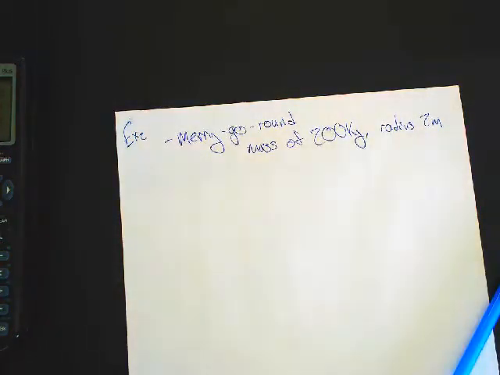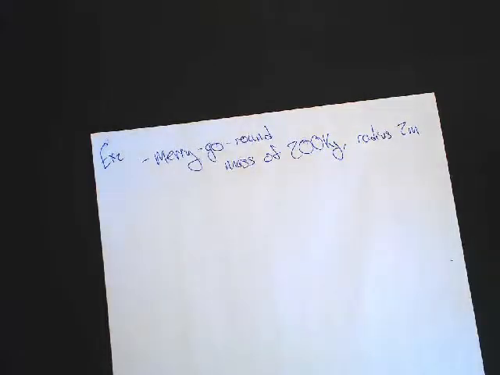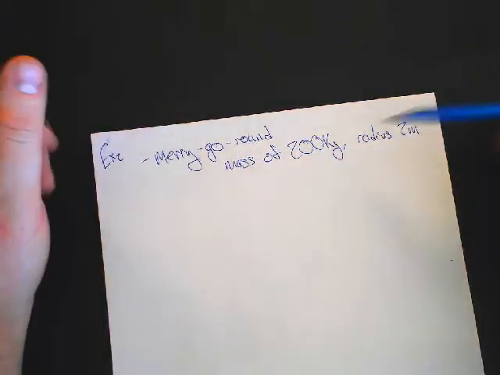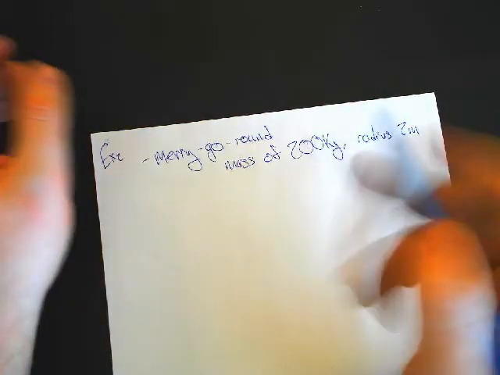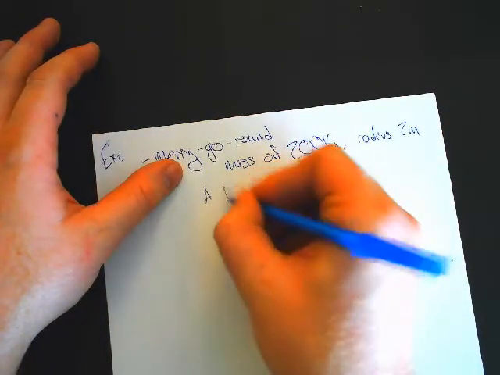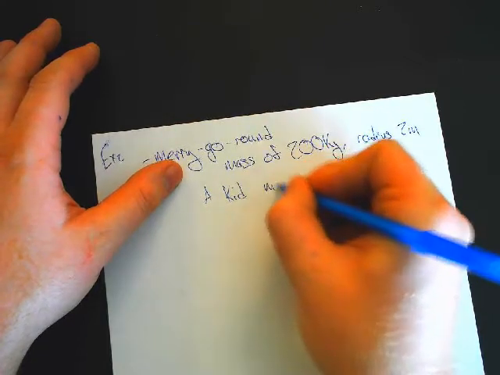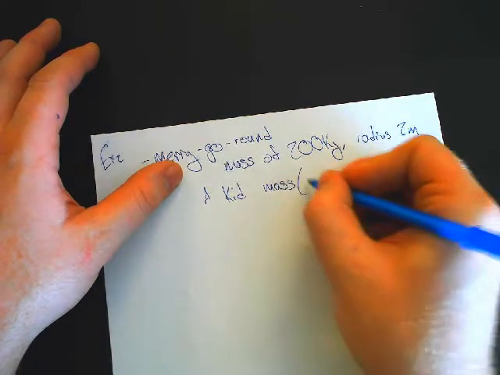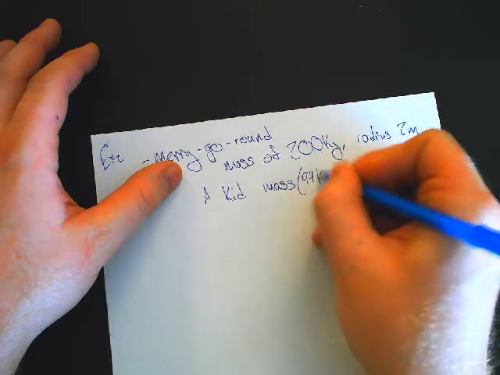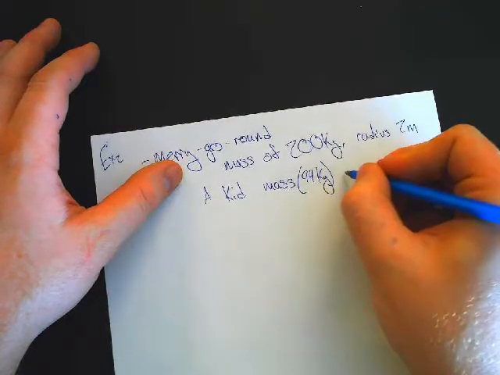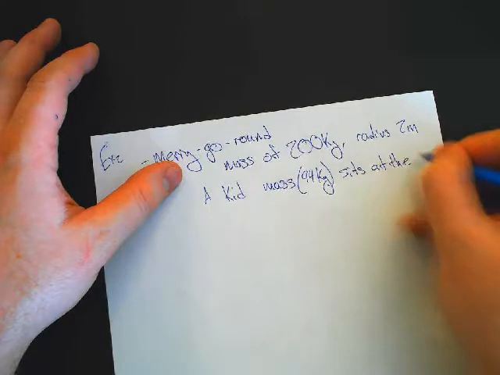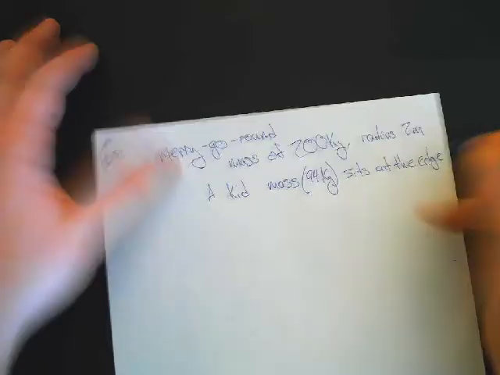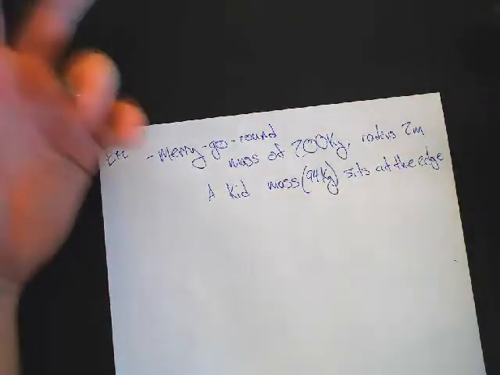Yep. All right. So mass of 200 kilograms, radius of 2 meters. Beyond that, we're going to put a kid, mass, let's go 94 kilograms, sits at the edge, while the merry-go-round is rotating once per second.